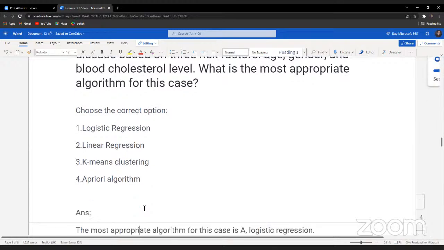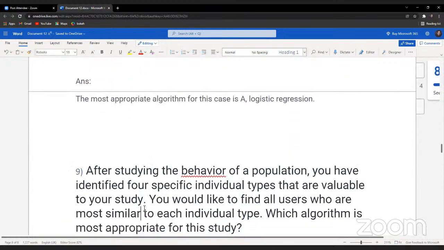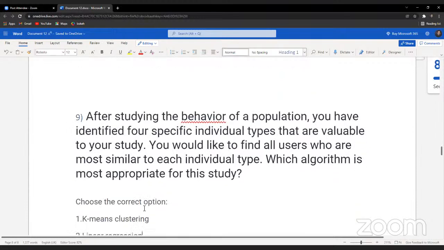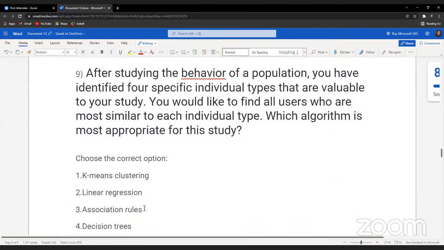Jumping to the next one. After studying the behavior of a population, you have identified four specific individual types. Those are very valuable to your studies. So you would like to find all users who are most similar to each individual type.